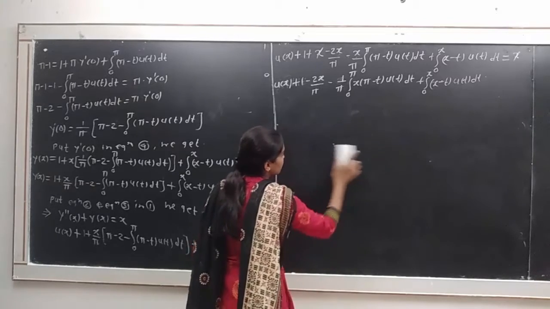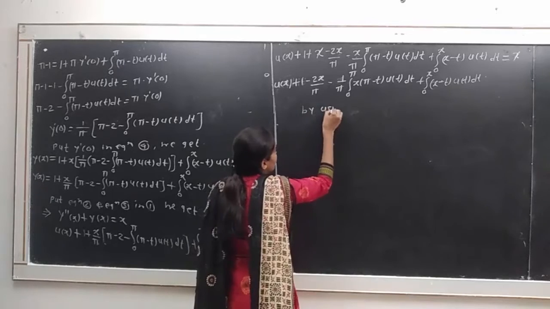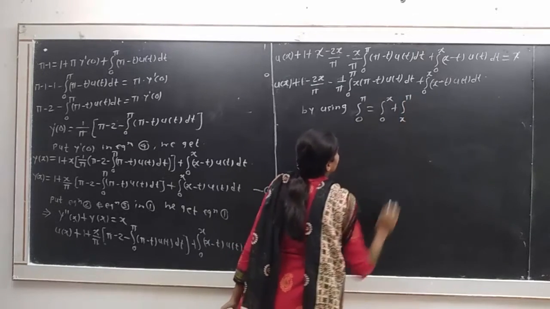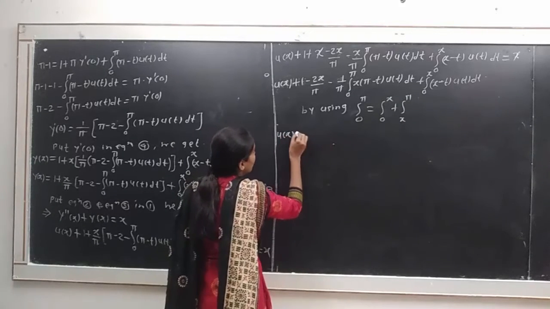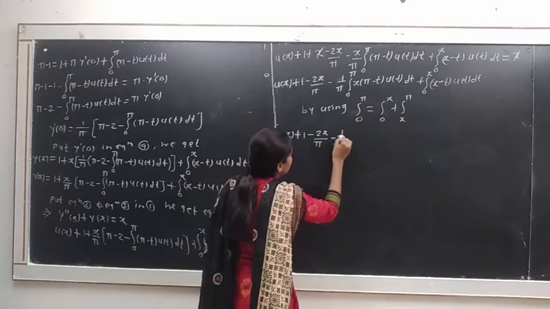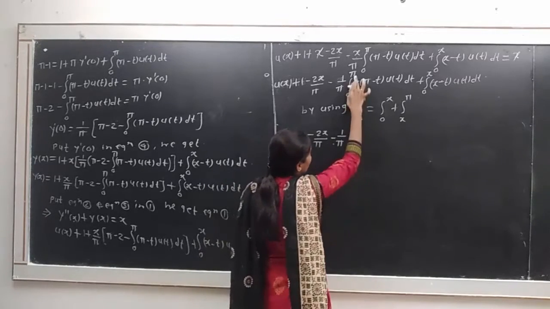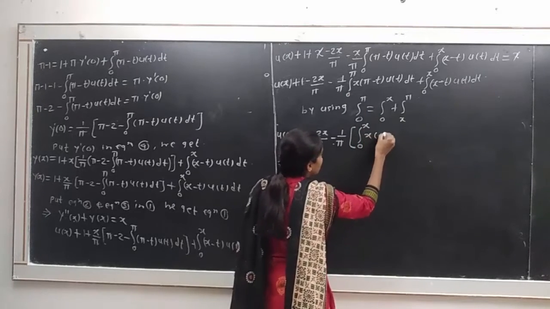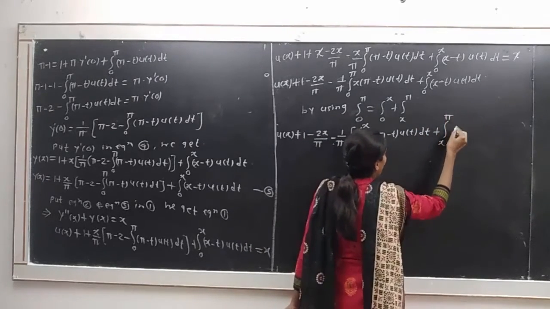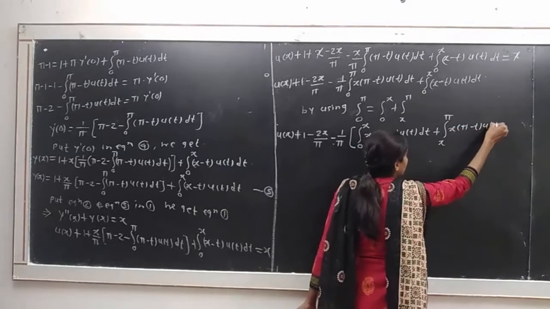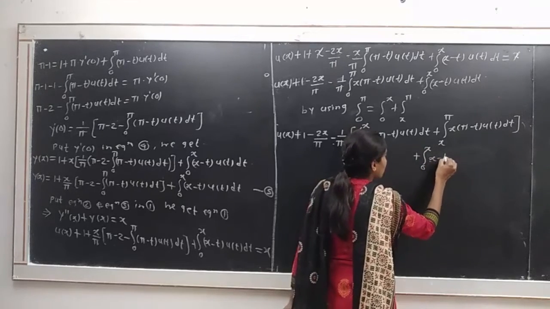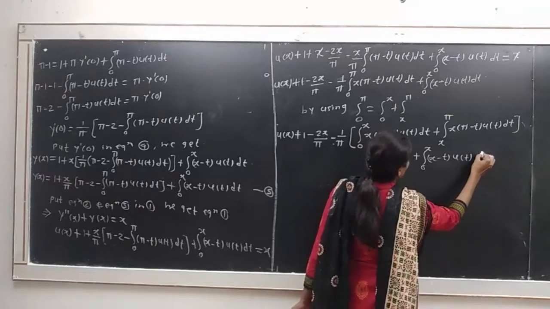By using this identity, 0 to pi is equal to 0 to x plus x to pi, we can write the equation as u of x plus 1 minus 2x divided by pi minus 1 by pi, we take outside and in bracket we write this integral as 0 to x pi minus t into u of t dt plus x to pi x pi minus t u of t dt, bracket complete, plus this second integral from 0 to x minus t into u of t dt.